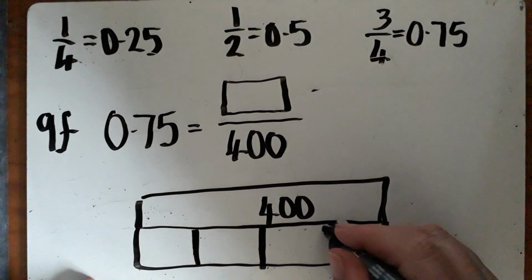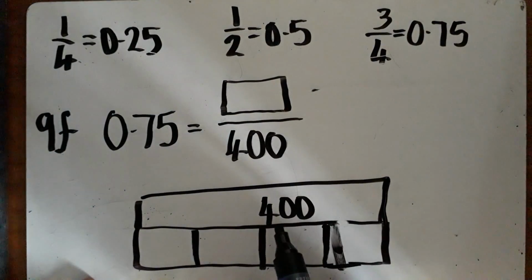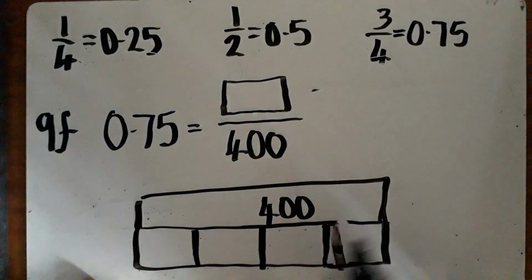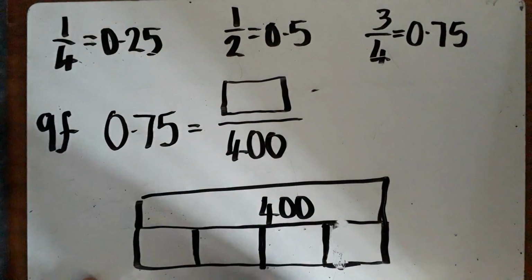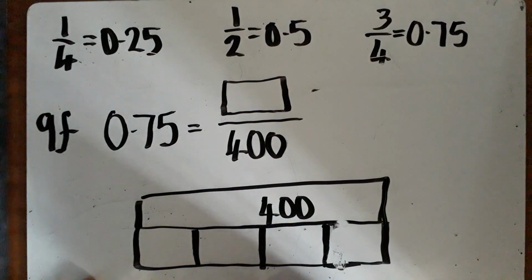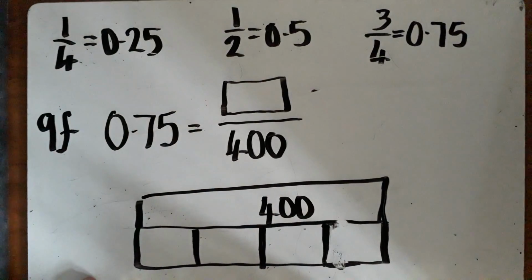Let's move that one over slightly. So we've got to divide 400 into 4 equal groups.